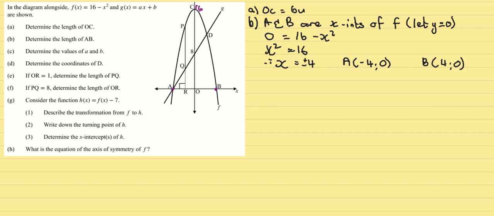The question, however, was the length of AB, and to get that horizontal length, we say the x on the right minus the x on the left, which is 4 minus negative 4, which makes the length of AB 8 units. So AB is 8 units long, going from point A to point B.